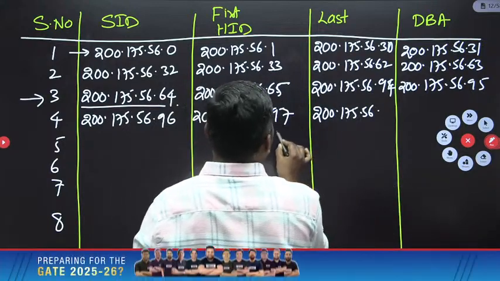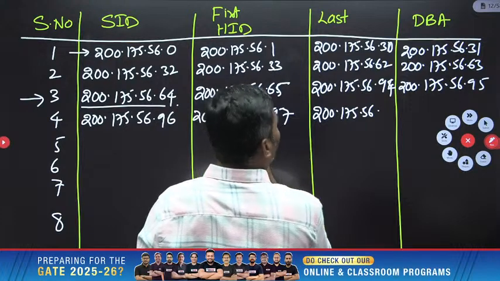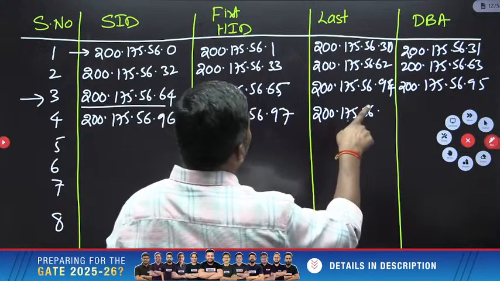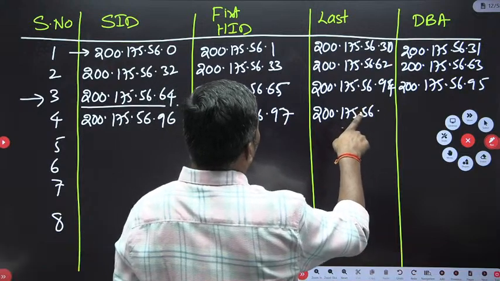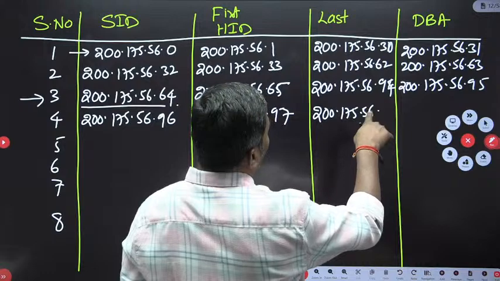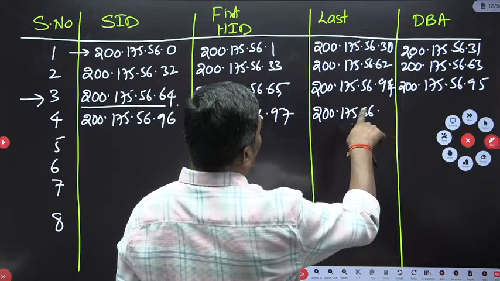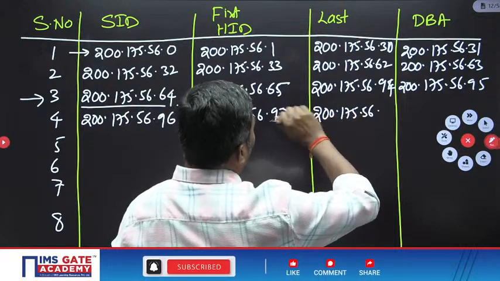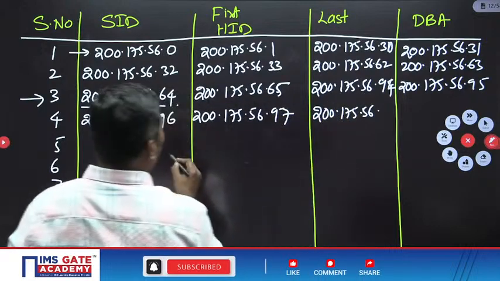So 96, how we got it: 1 plus 30, 31 we added. We have added, correct, on 30.